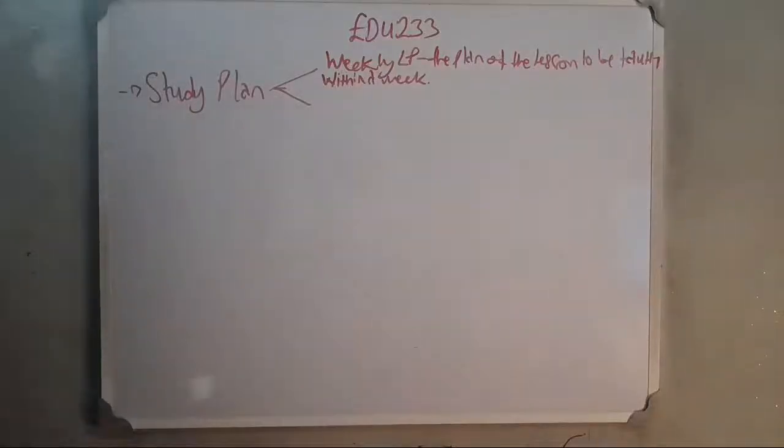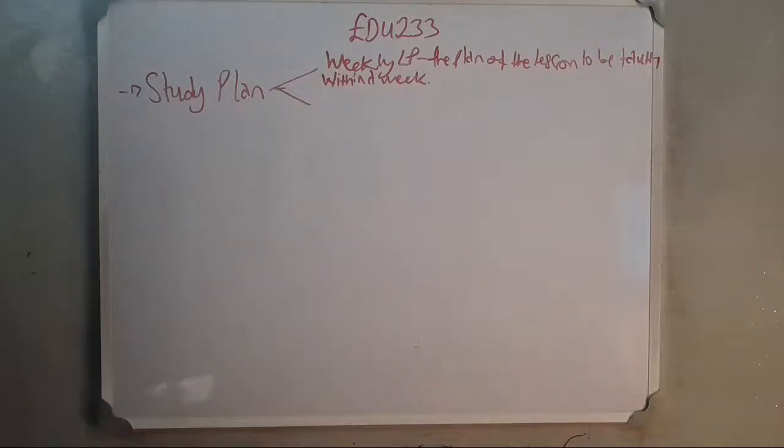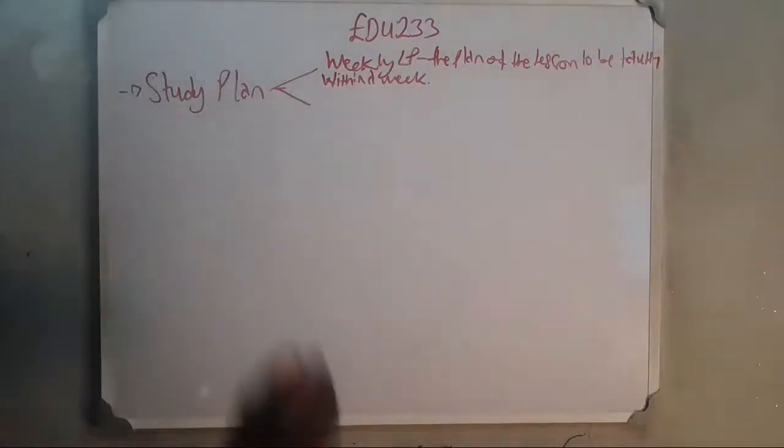Also, we have the daily lesson plan. A daily lesson plan is a unit of a lesson to be taught for a time duration of 30 to 45 minutes.